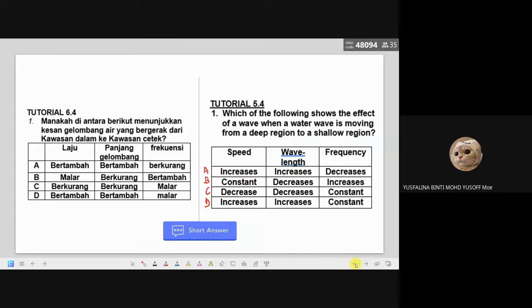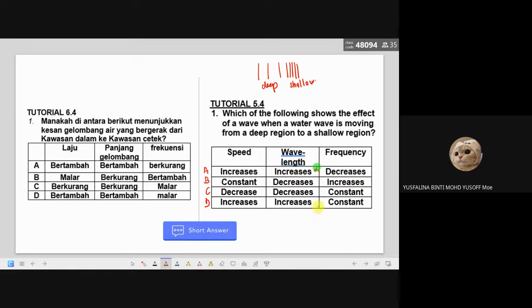It says the water wave moves from a deep region to a shallow region. For the deep region, the wavelength is much longer than in the shallow region. So let's say this is the deep region, and for the shallow region, the wavelength will be shorter.